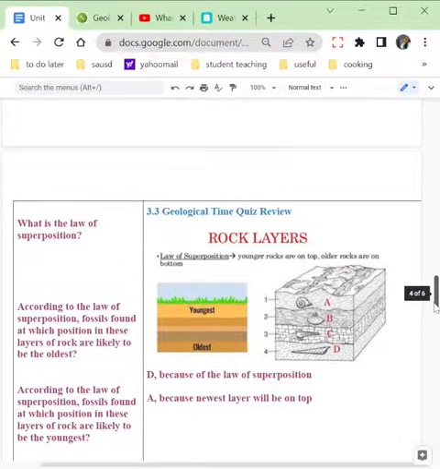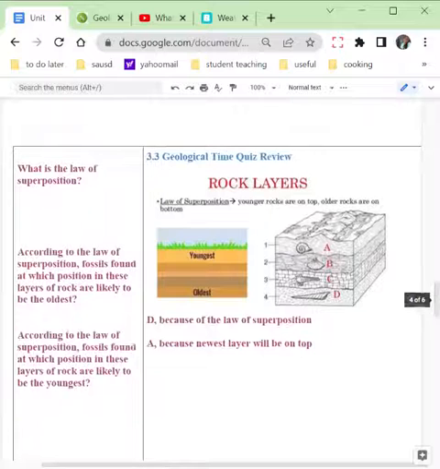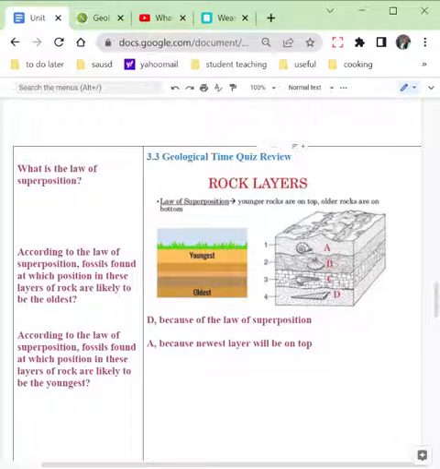So, if we think back to when we were talking about sedimentary rocks and how little sediments will be carried away through weathering or erosion, they'll end up somewhere and settle down, like let's say, for example, at the bottom.